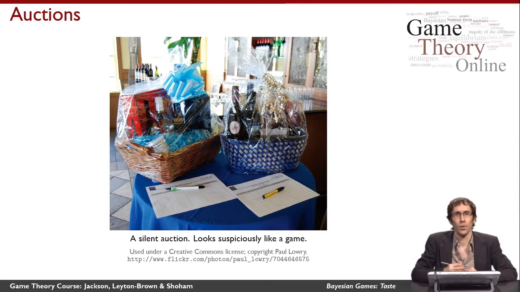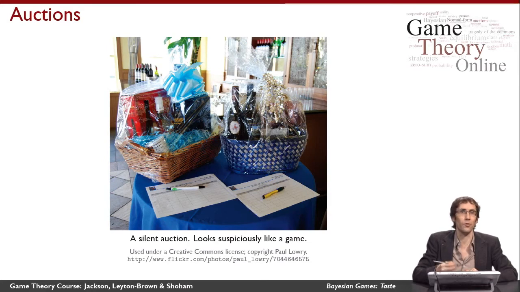And the reason that I think the silent auction is particularly interesting is we can really see how this might look like a game. We here have a well-defined action space. You come, you look at the piece of paper, you can see the moves of the players who have moved before you, and then you take an action, which is choosing to write down a number.